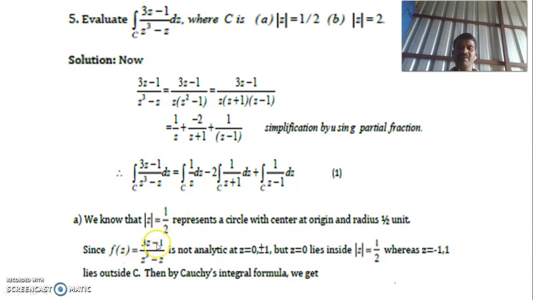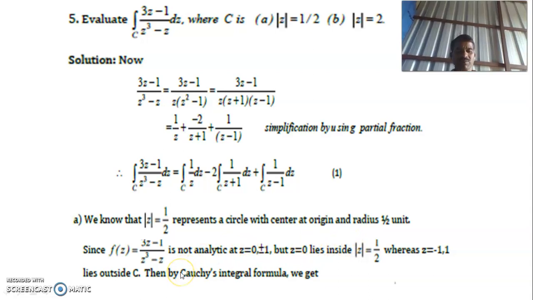Here f of z is not analytic at z equal to 0 and plus or minus 1, but 0 is the only point which lies inside C, since the radius of the circle is only half. Whereas minus 1 and plus 1 lie outside.